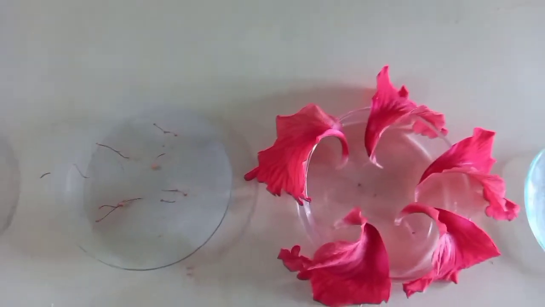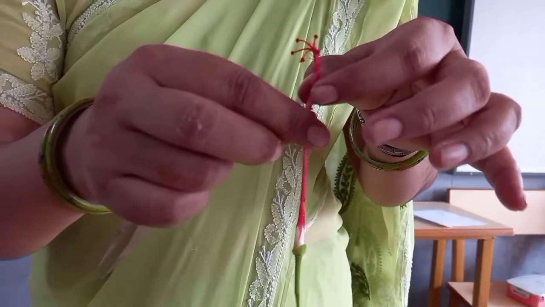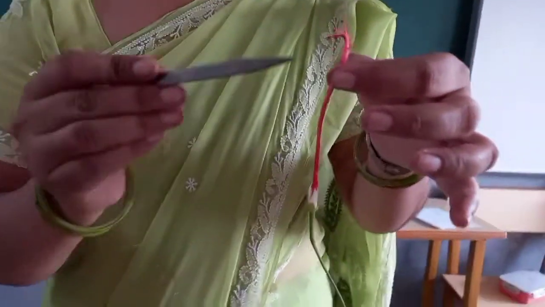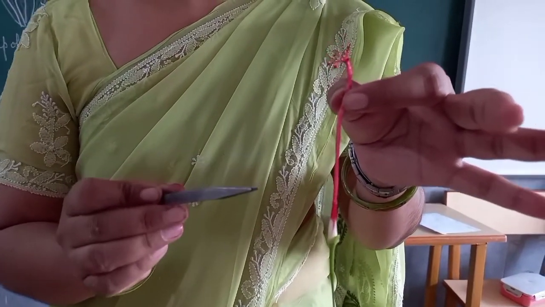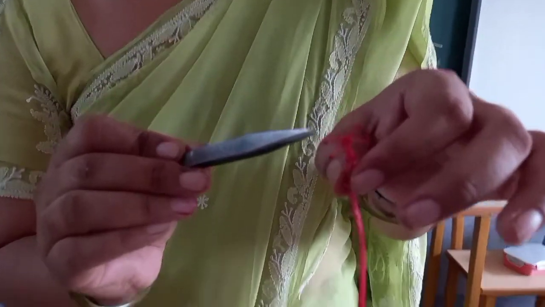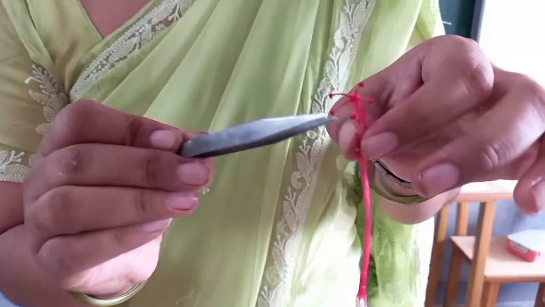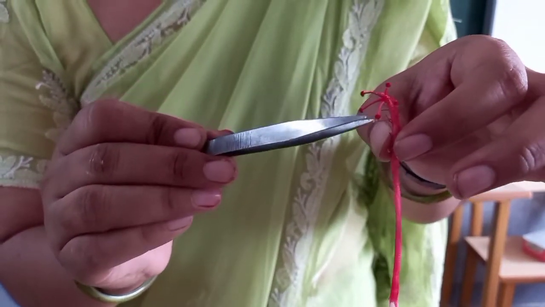Now we'll talk about the last whorl, that is the fourth whorl of a flower, and that is the pistil. And you all know that pistil is also known as gynoecium and it has three parts. The first part, in this you are able to see, this is the stigma.